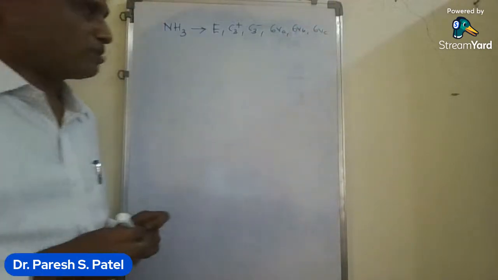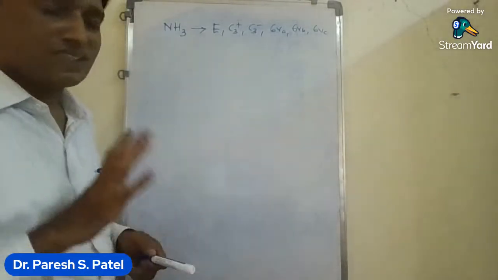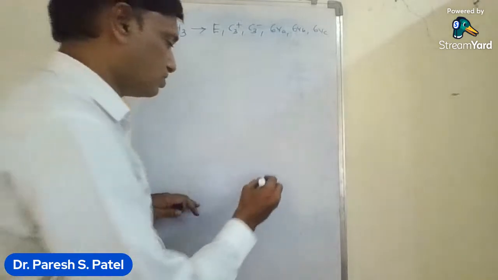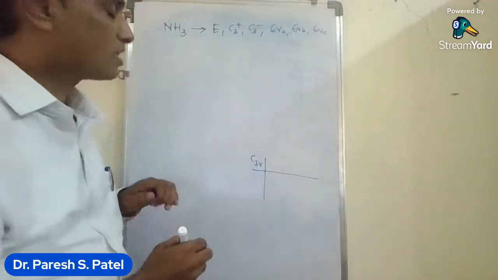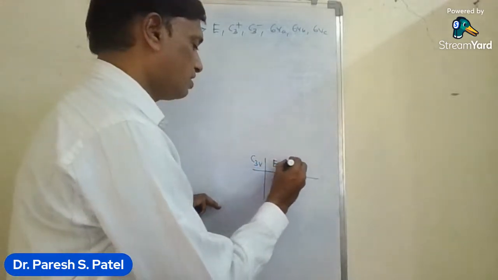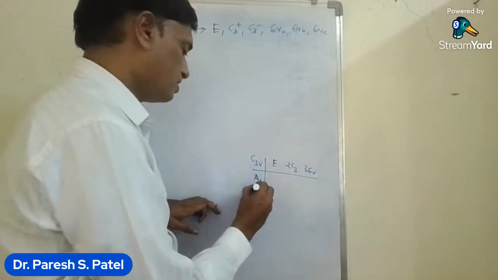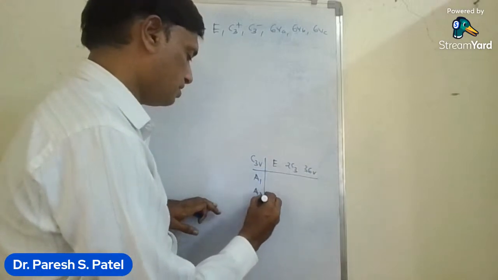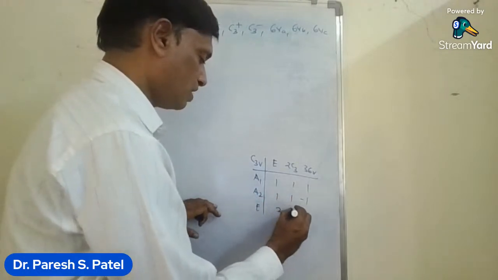So ammonia molecule consists of 6 symmetry elements and the number of classes is equal to 3. So whenever we talk about the character table for ammonia molecule: E, twice C3, thrice sigma V; A1: 1, 1, 1; A2: 1, 1, minus 1; E: 2, minus 1, 0.